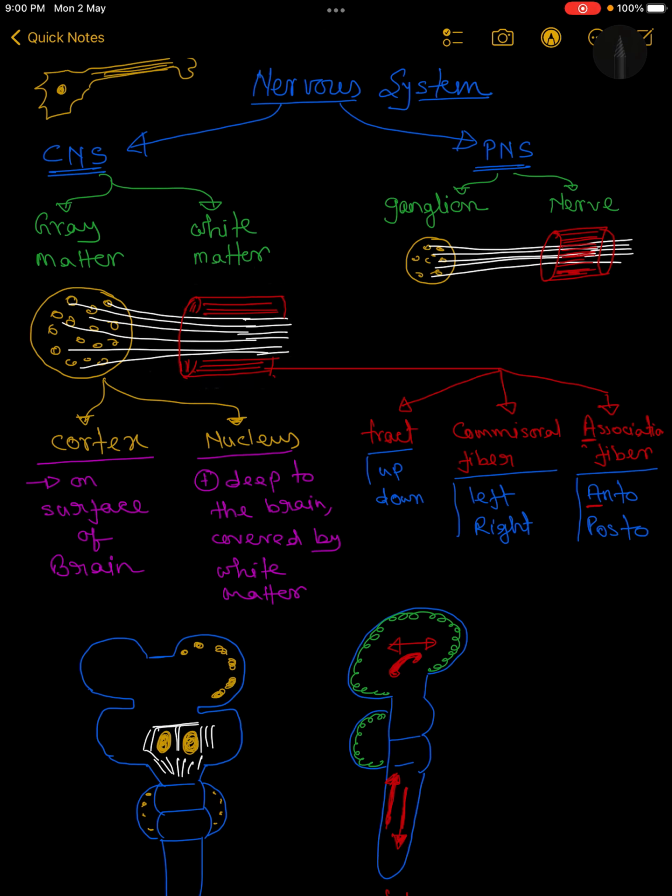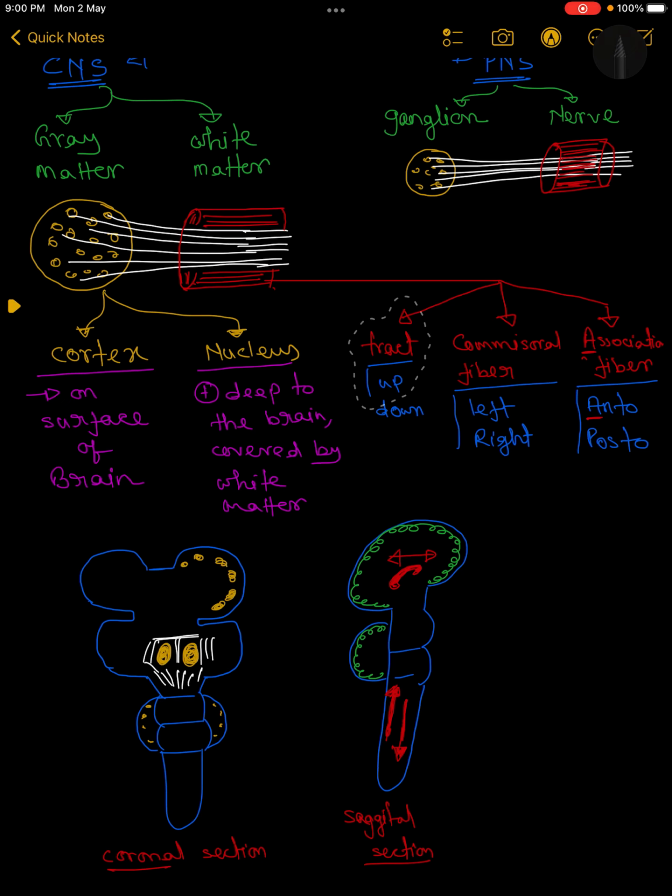This white matter has different names according to how the fibers are going: up and down, left or right, anterior or posterior, because basically this is a line, a tube, a cord. So white matter can be classified into three types. One is tract. What is a tract?